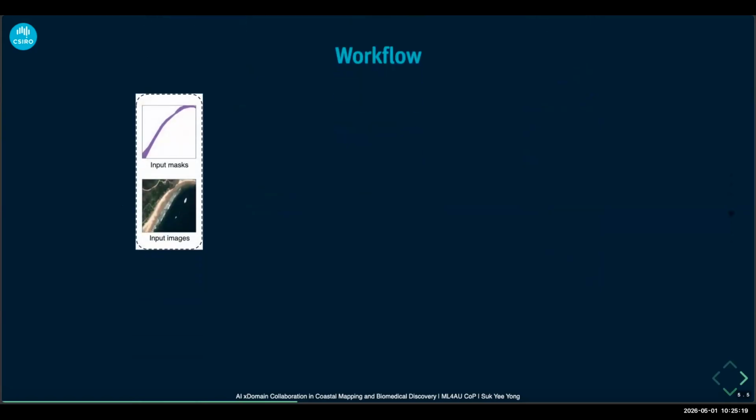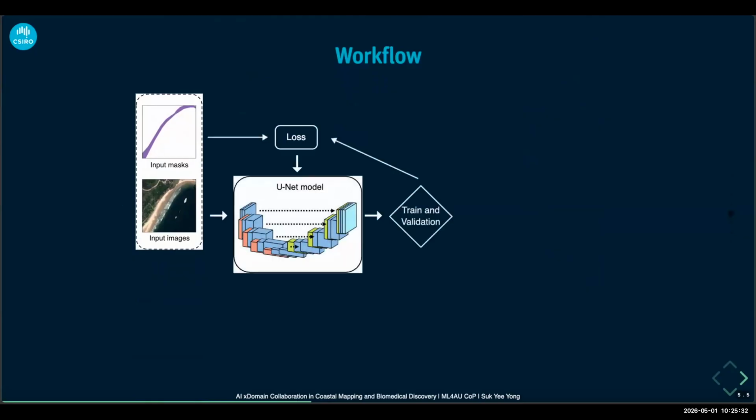So I would just mention a bit of how we devise the workflow. We essentially have the input mask and the images here, and we apply a UNet model. Morgan has briefly mentioned the CNN, which is a convolutional neural net. This is another variation called the UNet model.